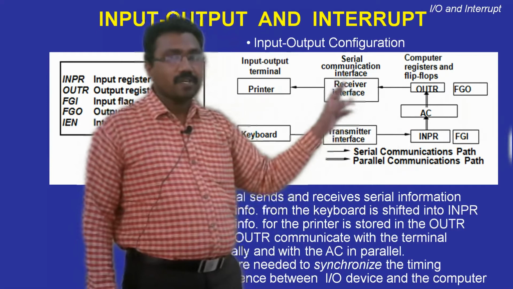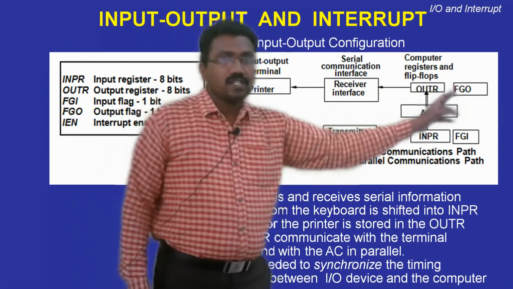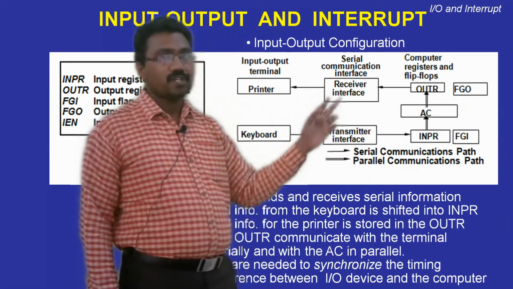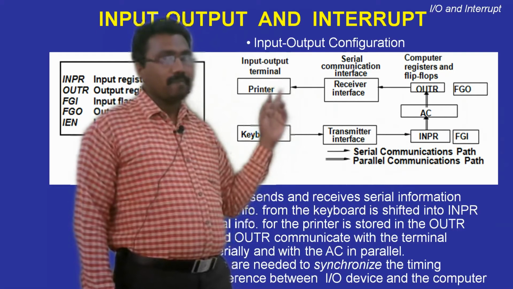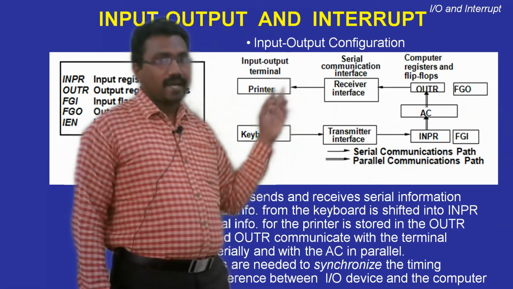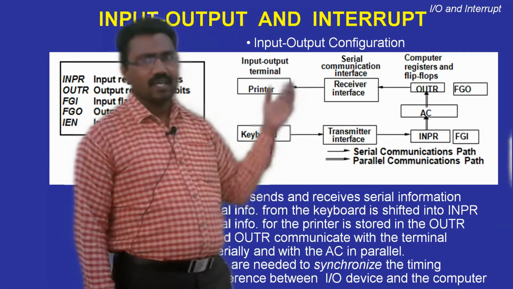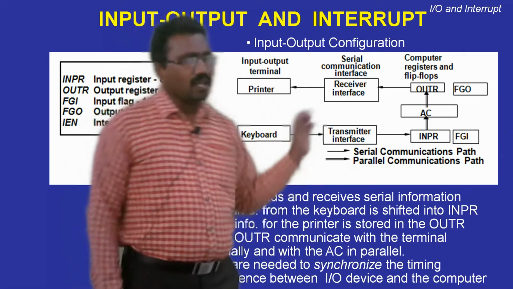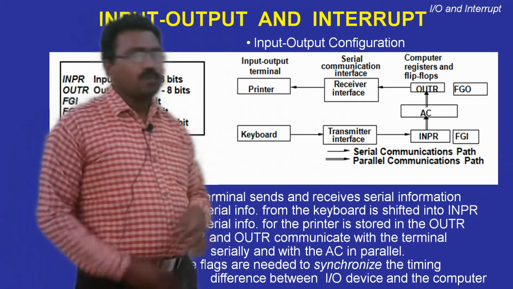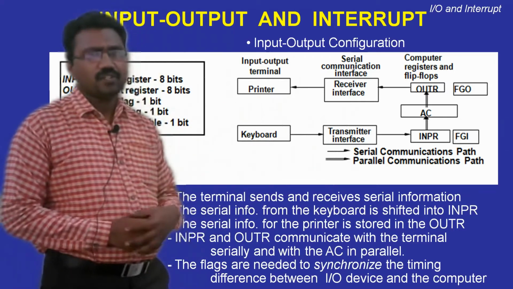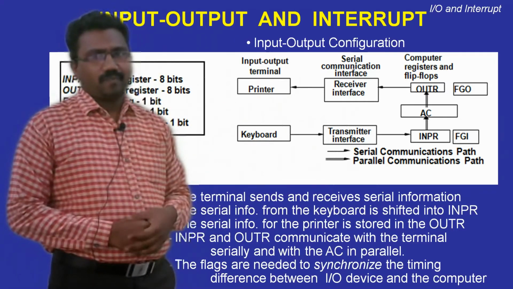The type of communication between output register and the printer is serial communication. Here the printer receives 1 bit at a time. Whenever the 8 bits reach the printer, they form one character. Okay, is it clear? So this is the simple input output configuration in basic computer.